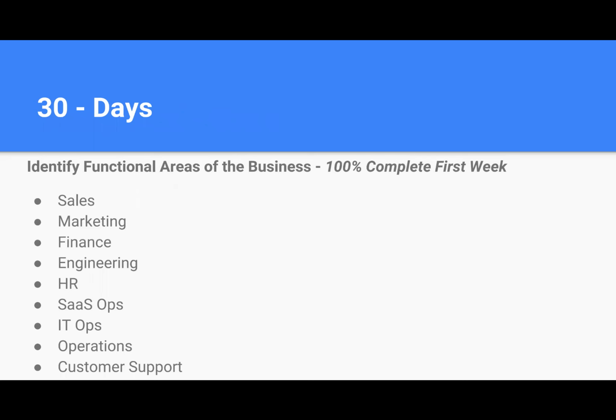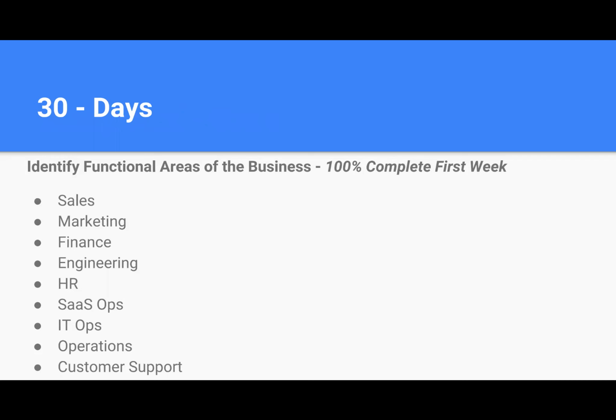As a matter of fact, in the first week of the 30 days, we need to be able to identify the functional areas of business. Now, I've laid out some here. That doesn't mean that these are all your functional areas; however, some of them probably appear.